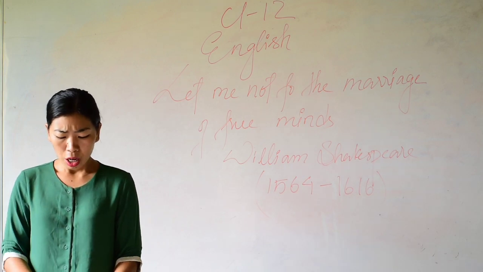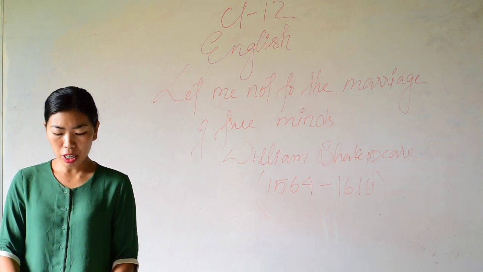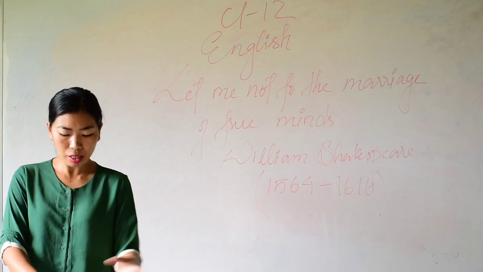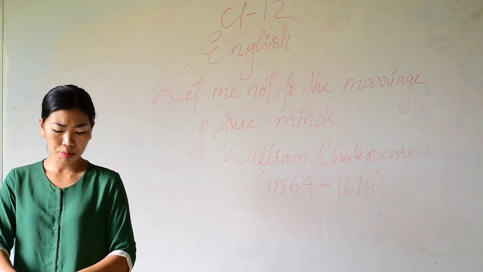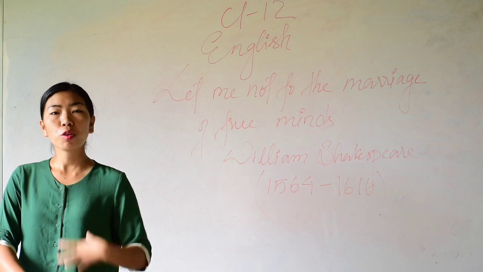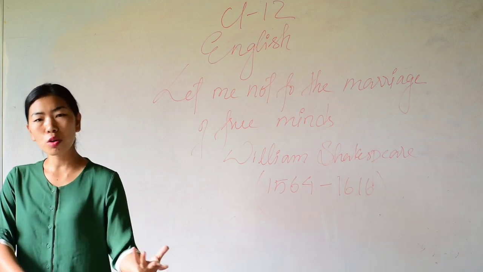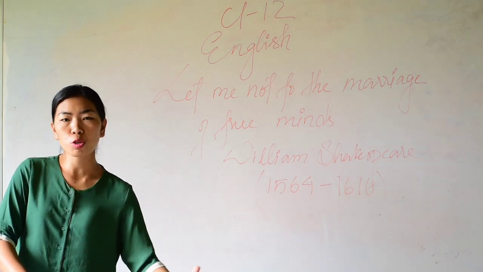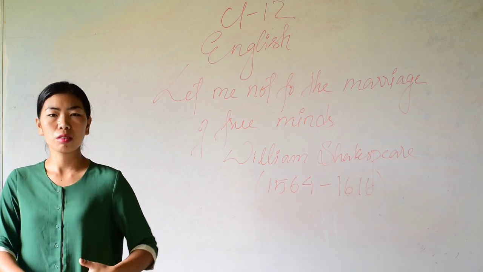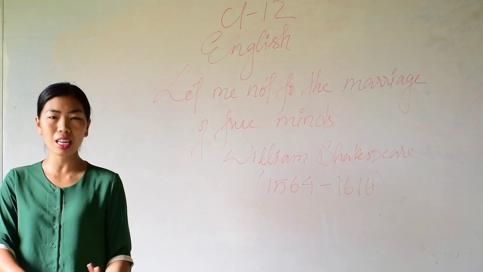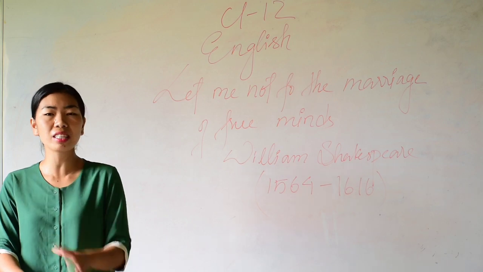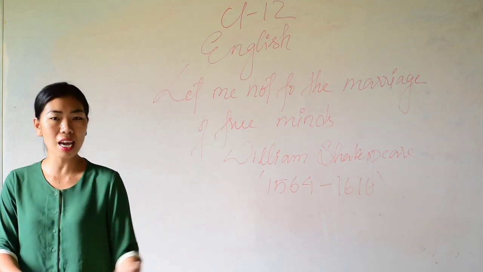Now these rosy lips and cheeks are about physical beauty. Rosy, like a rose plant, and we know they are not permanent, they are temporary, just like physical beauty, which fades away with age. It doesn't stay forever.